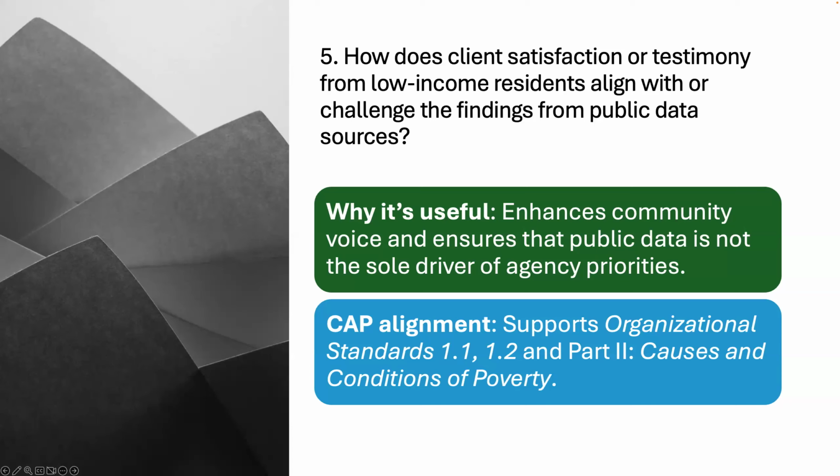It talks back to community voice and that we're not just using public data as our rationale for programs, that we are considering what our people are saying out in the community as a direct source of information in our planning process. So that helps us out with org standards 1.1, 1.2, and then also with part 2, the causes and conditions of poverty as part of that community action plan.